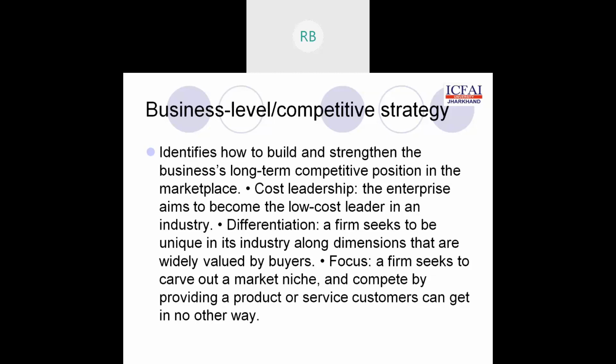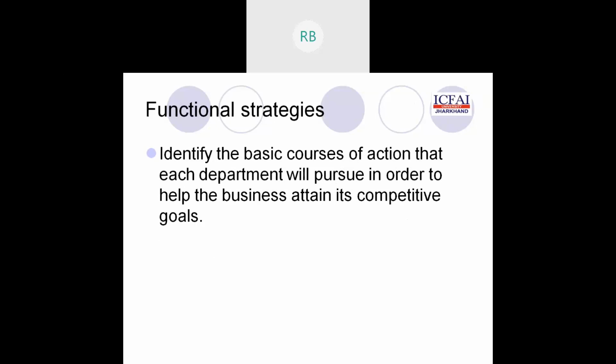Focus: a firm seeks to carve out a market niche and compete by providing a product or service customer can get in no other way. Then functional strategies identify the basic course of action that each department will pursue in order to help the business and attain the competitive goals.